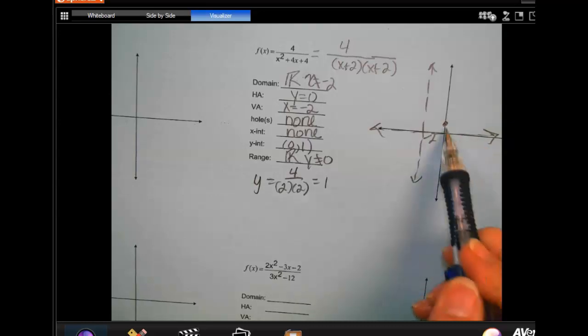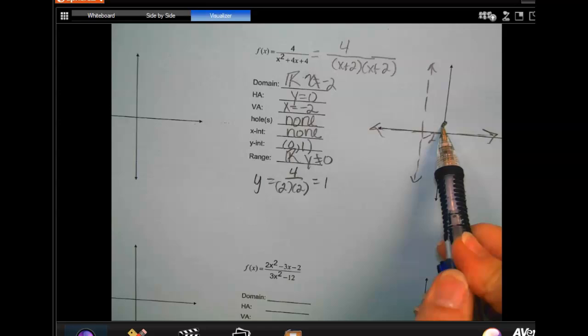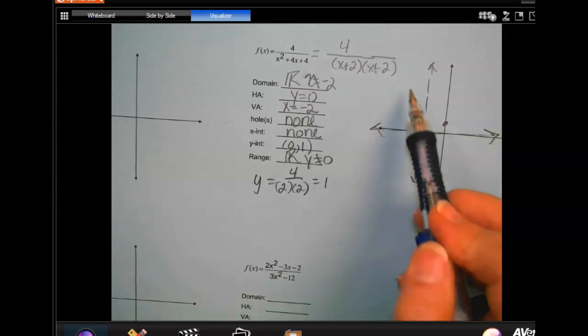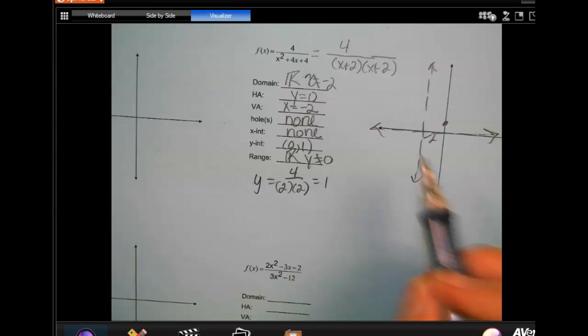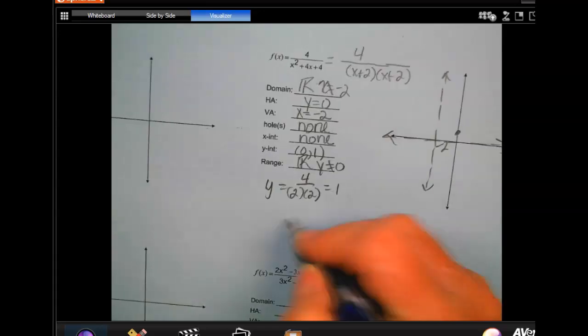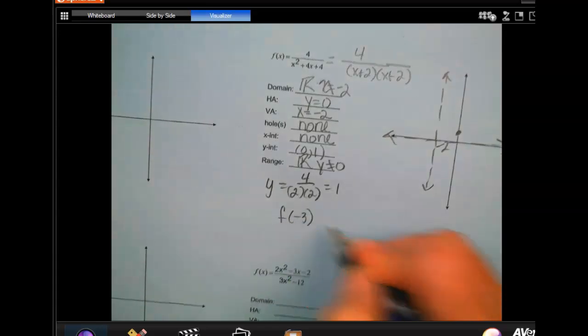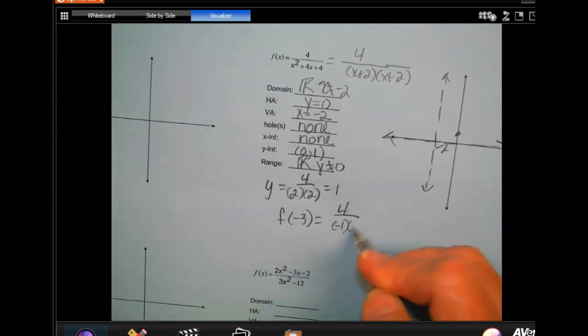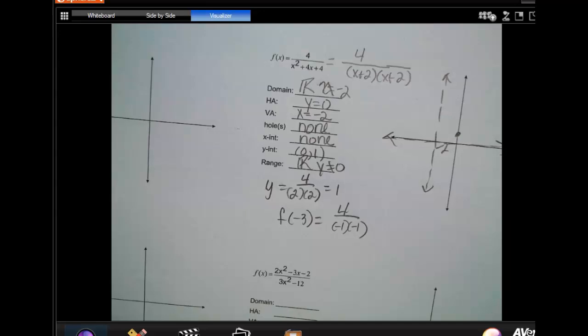So look. I have this right here. What do I not have? I don't have the other side, and I have to know whether it's up here or down here. That's what I have to know. So I'm going to do f of -3. That's going to give me 4 over -1 times -1, and a negative times a negative is a positive.